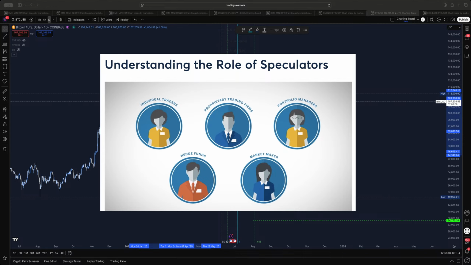Topstep, as I mentioned before, is a futures proprietary funding firm, meaning they use their capital to fund traders. Following the next line, we have portfolio managers, institutions, hedge funds, as well as market makers. So therefore, we are in the first line within this role, individual trading.